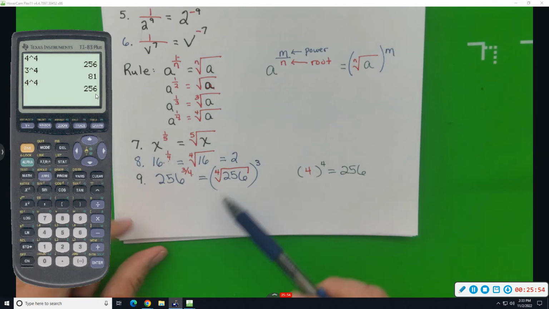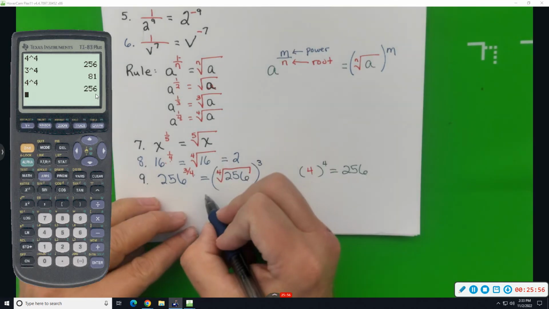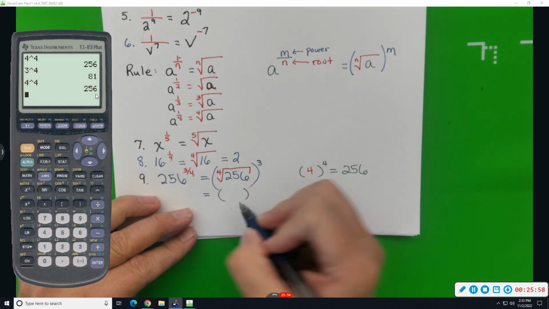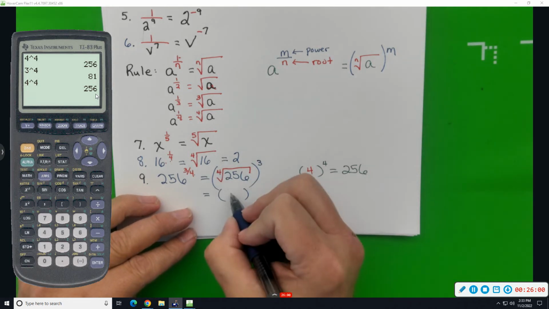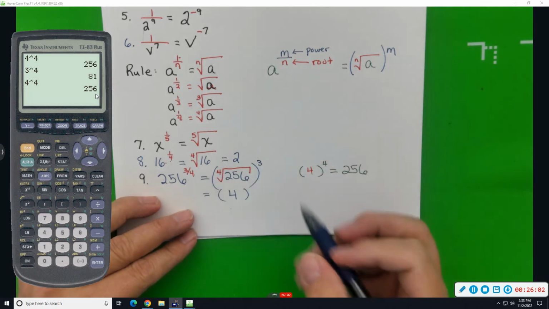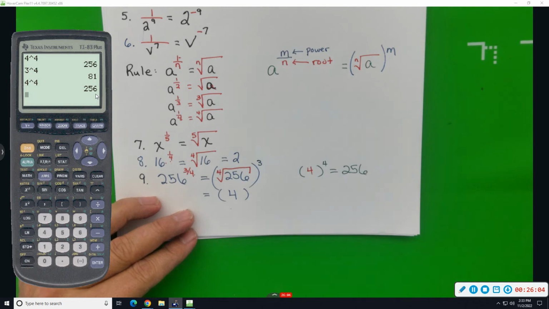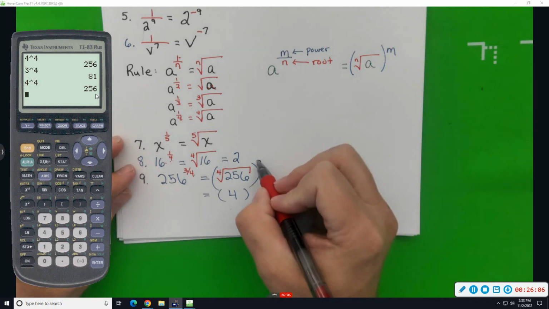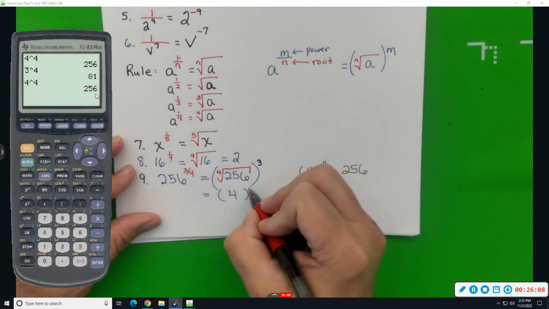So the 4th root of 256 is 4, but we still have that 3 sitting outside there.